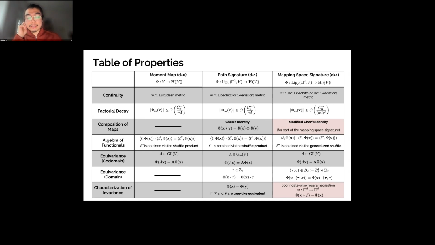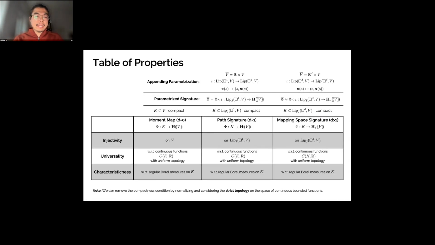We said that two paths have the same signature if and only if they are tree-like equivalent. We don't have this full characterization of the mapping space signature at this point, but we do know that it's coordinate-wise reparametrization invariant. And lastly, we have these properties on universality and characteristicness. Here I am just looking at this in terms of compact subsets, in which case these three can be stated in exactly the same way.